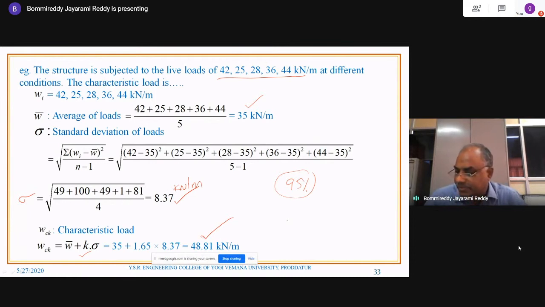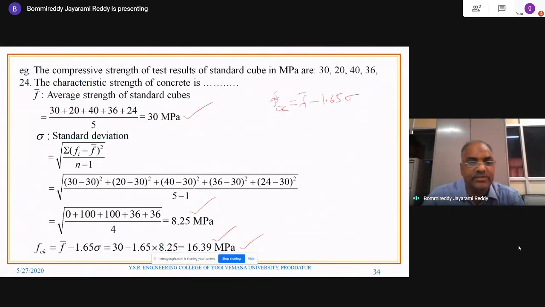Characteristic load of 48.81 means 95% of the time, with 95% probability, the load must always be less than 48.81 kilonewton per meter. Then this is called the characteristic load. So this is how the characteristic strength and also the characteristic load are computed from the statistical analysis.